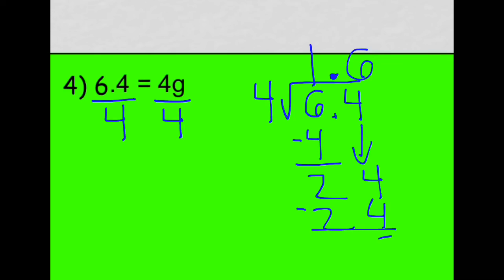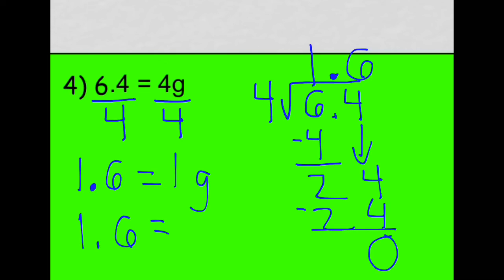Subtract them, and there's no remainder. So 6 and 4/10 divided by 4 is 1 and 6/10. And 4 divided by 4 is 1g. And that's the same as saying g.